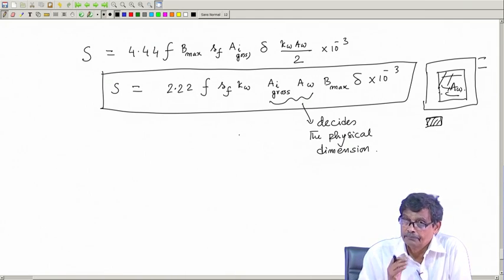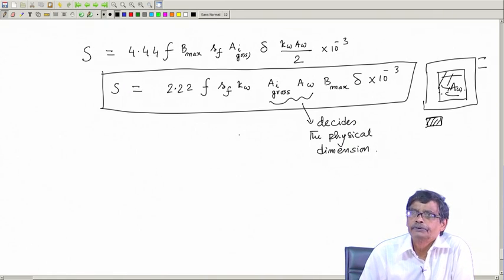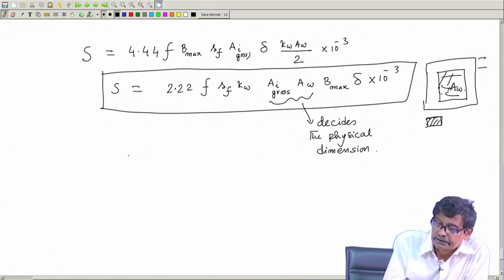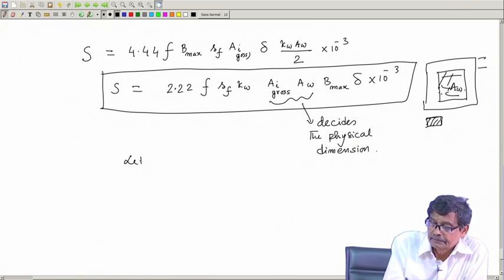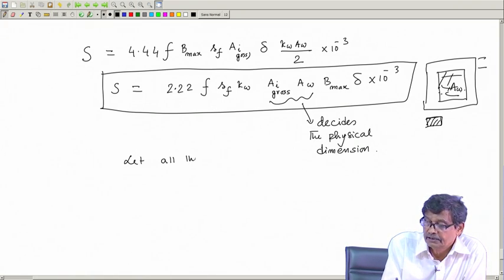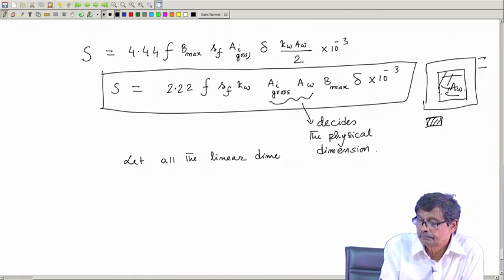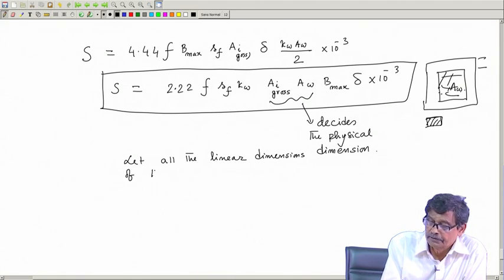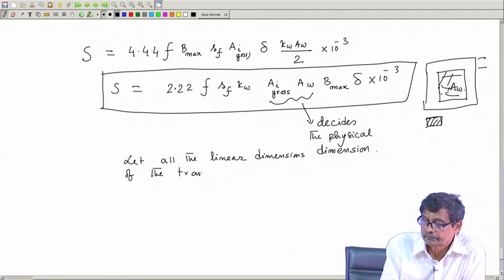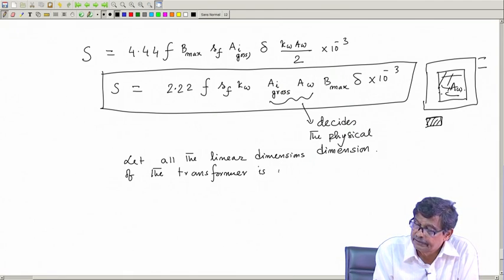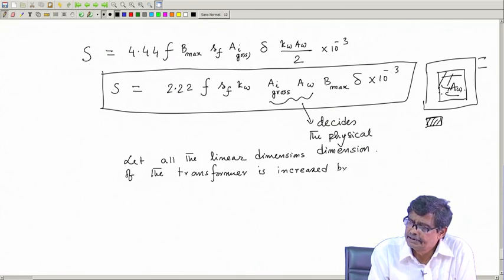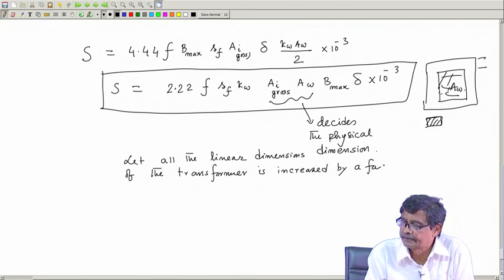Now, I am telling you that suppose I increase all the linear dimensions of the transformer by a factor of x.